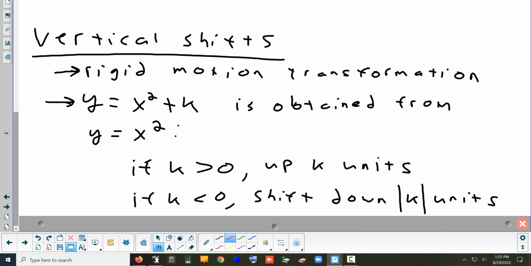Notice here I put absolute value because if you had something like y equals x squared minus 4, don't say it goes down negative 4 units. That's confusing. Down negative 4. Just say down 4. Down is the word negative. So you can go up 4, you can go down 4, but don't go up or down a negative amount. It's like using a double negative. It's confusing.